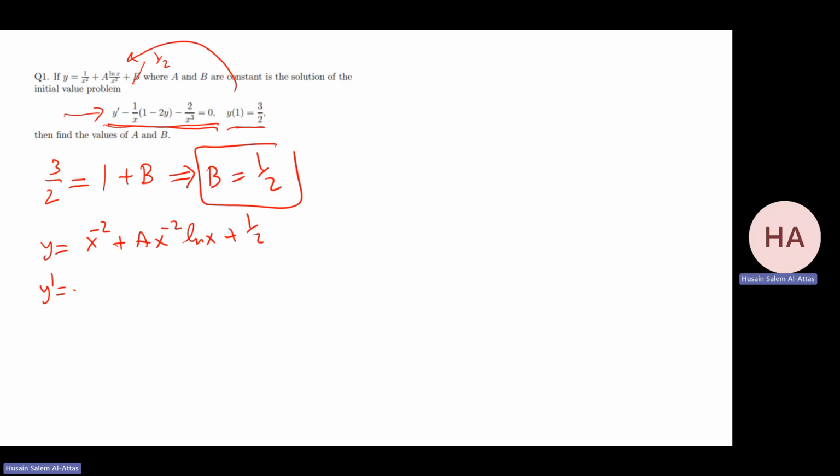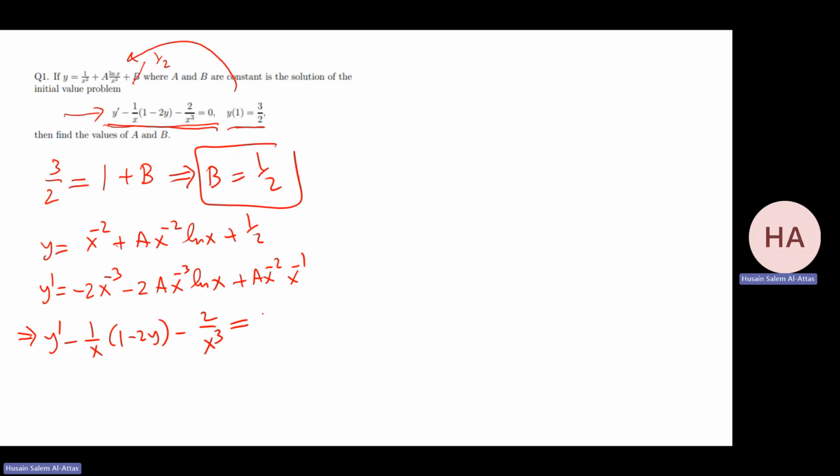So I have minus 2 x to the power minus 3, minus 2A x to the power minus 3 ln x, plus A x to the power minus 3, which is y prime. So I have y prime minus 1 over x times 1 minus 2y minus 2 over x cubed. That should be equal to 0.